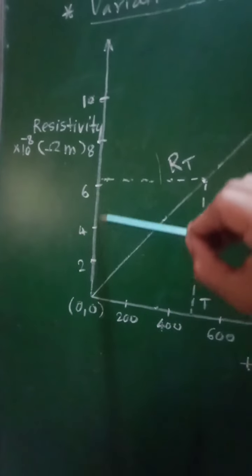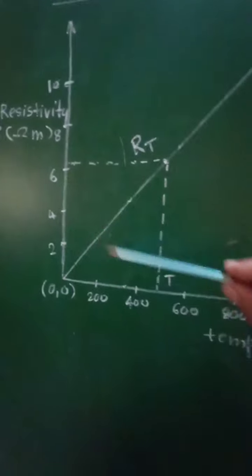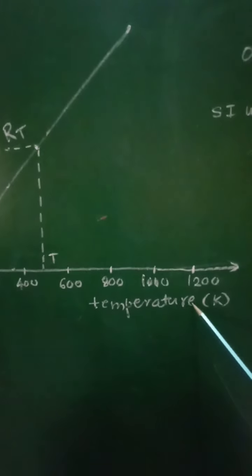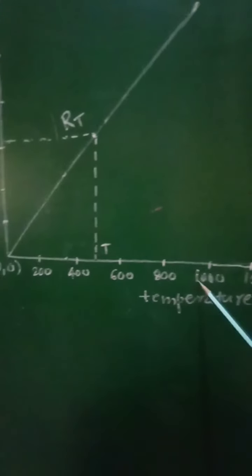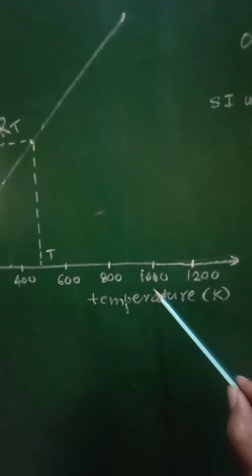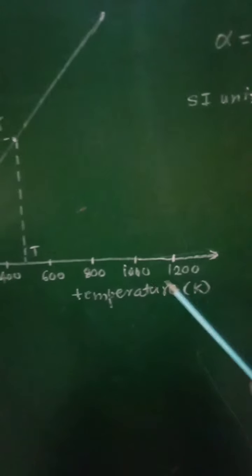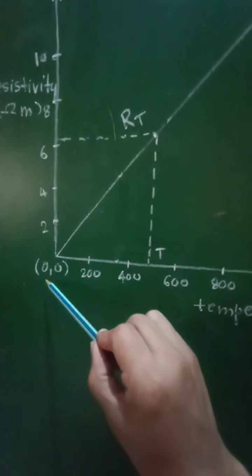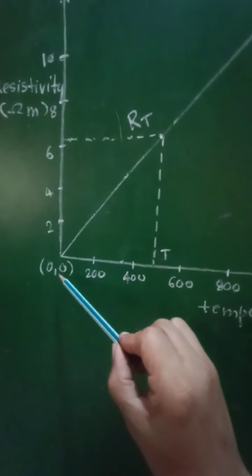So resistivity is plotted along the y-axis, and the temperatures in Kelvin will be plotted along the x-axis as 200, 400, 600, 800, 1000 and 1200, so that at the origin the resistivity will be 0 as well as the temperature will be 0.